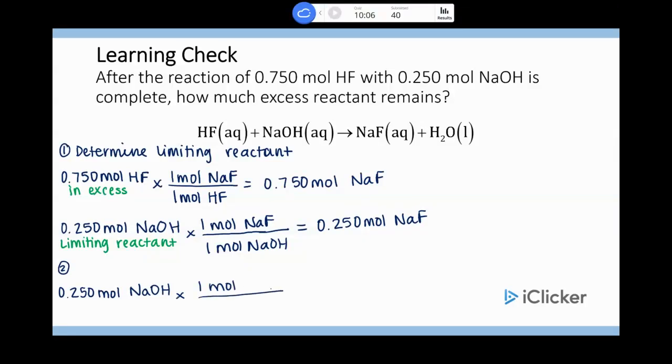For every 1 mole of sodium hydroxide reacted, 1 mole of hydrofluoric acid is reacted. So 0.250 moles of hydrofluoric acid is reacted, is consumed, or used up.